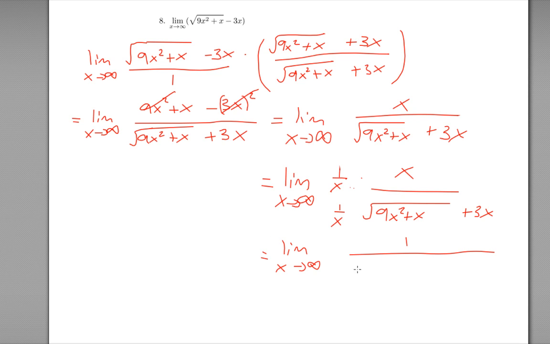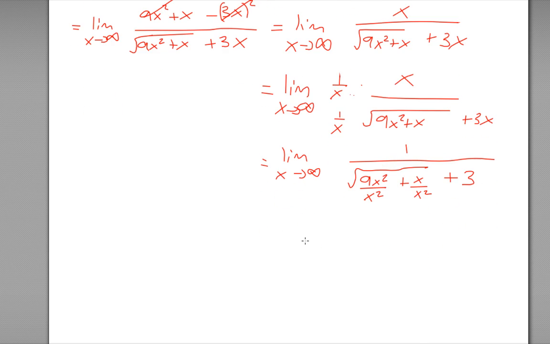So the 1 over x goes inside, and you have the square root of 9x squared over, now when 1 over x goes inside the square root, of course we have to square it, so this becomes 1 over x squared plus x over x squared, and this 1 over x, when we multiply by here, becomes plus 3, so that's okay.